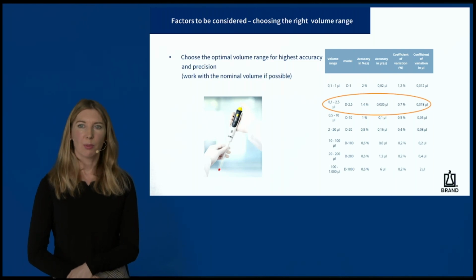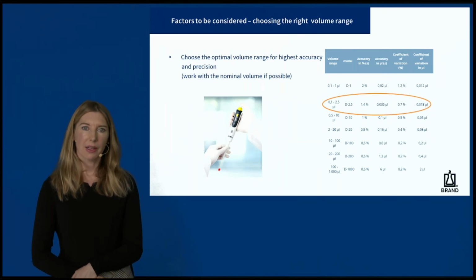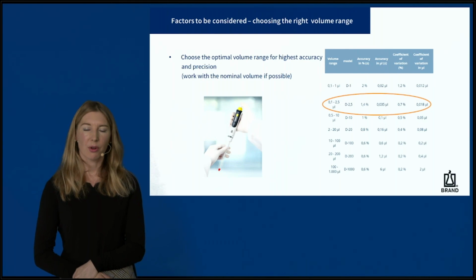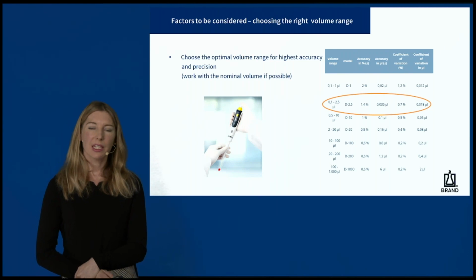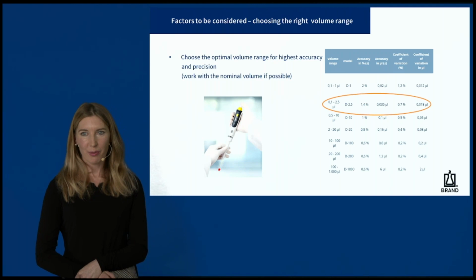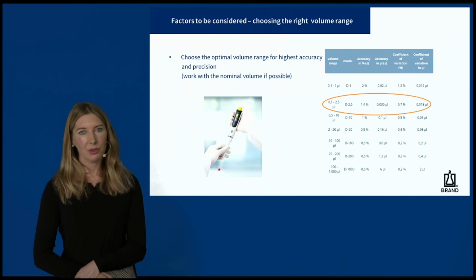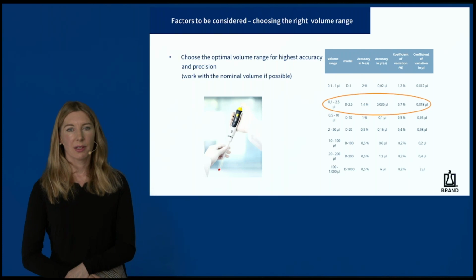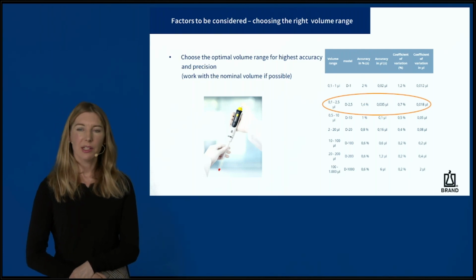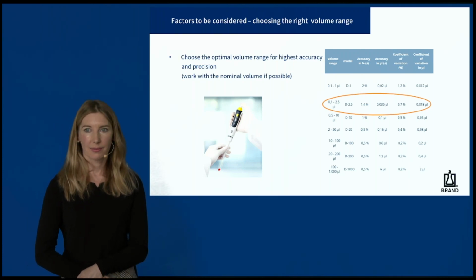When half of the nominal volume is dispensed, the accuracy is reduced from 1.4 to 2.5%. When pipetting even less, for example 0.25 microliter, the accuracy continues to decrease to 12%. And this accuracy completely fulfills the ISO requirements.